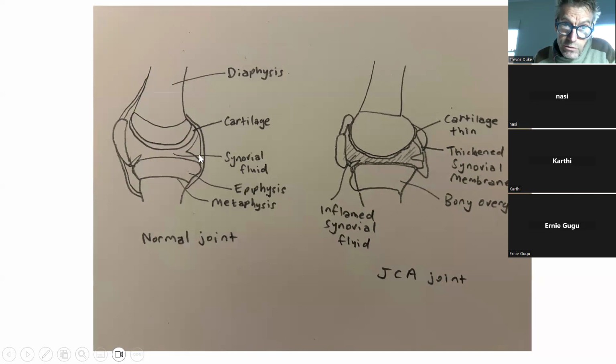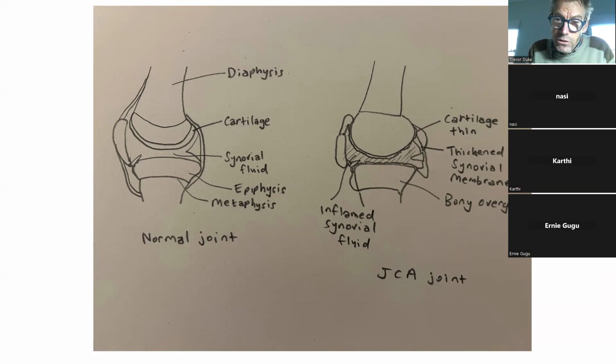And there's a synovial membrane that keeps the synovial fluid in. And this happens to be the knee joint, so you can see the patella there and sometimes some sesamoid bones within the joint. So there's the epiphysis, the metaphysis, the diaphysis, the cartilage, and the synovial membrane. These are all important things that we should know about. It's not just orthopedic surgeons who should know about it, pediatricians should know about it too.